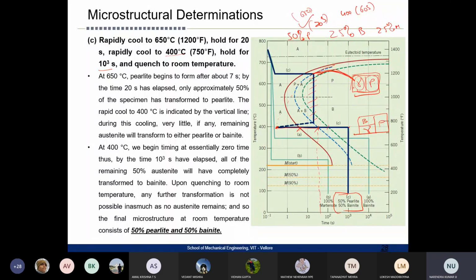From there you quench it to room temperature, and you can directly draw a straight line. Then you end up at this point with 50% pearlite, 25% bainite and 25% martensite. So that is also possible.